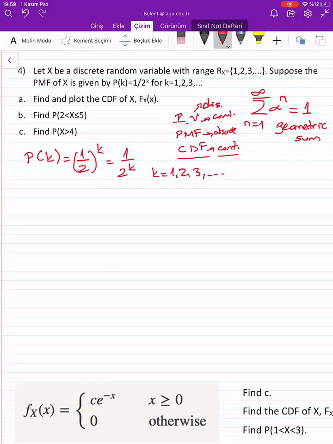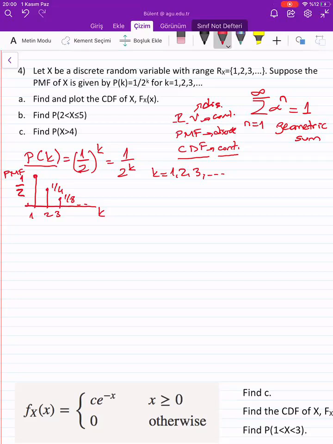So let us first plot the PMF of this random variable. For k equals 1, it is 1 over 2. For k equals 2, it is 1 over 4. For k equals 3, it is 1 over 8, and so on, right? So this is k, and this is the PMF or pk of the random variable.